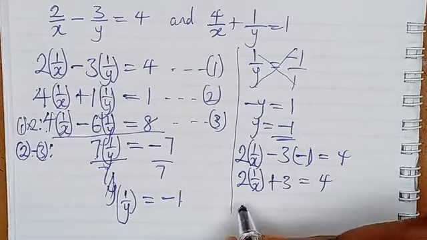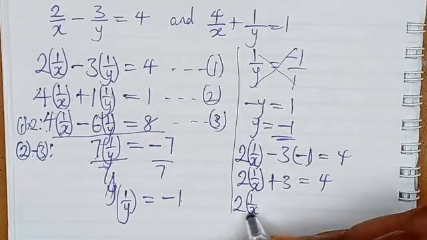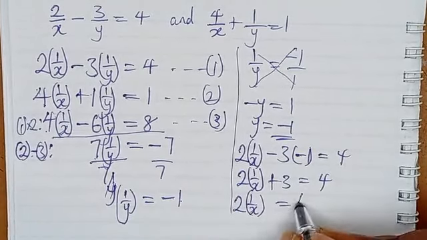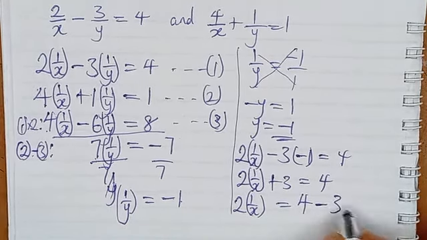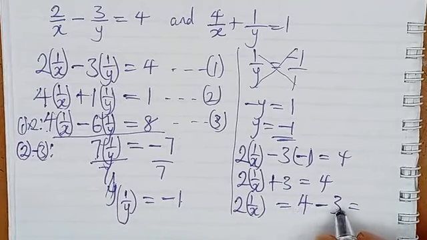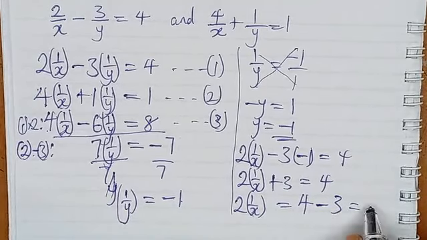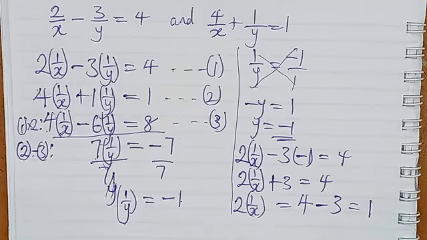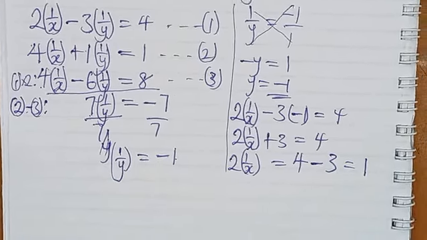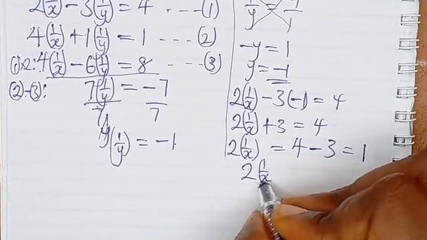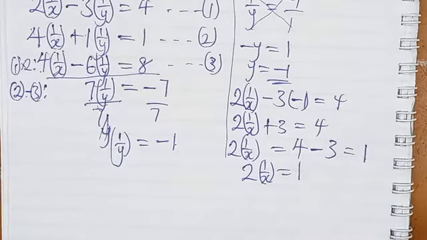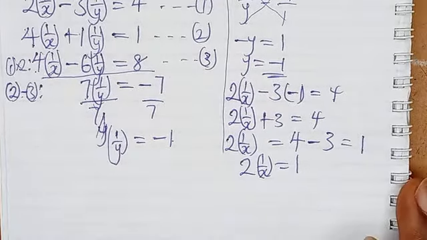Then we collect like terms. We have that 2, 1 over x is equal to 4, which is already here, plus 3 comes over to become minus 3. So 4 minus 3 is equal to 1. And then we have that 2 into 1 over x is equal to 1. Now we're going to divide both sides by 2.